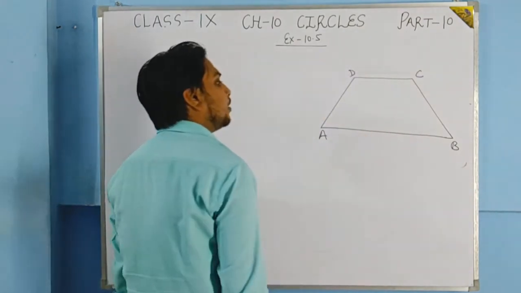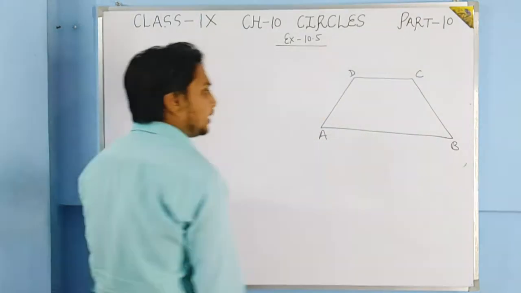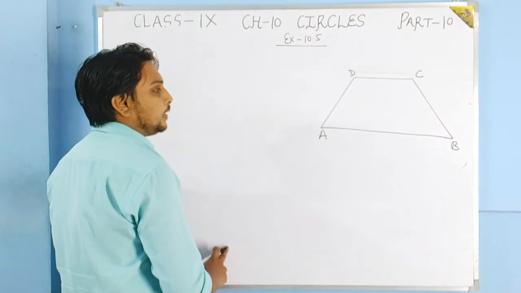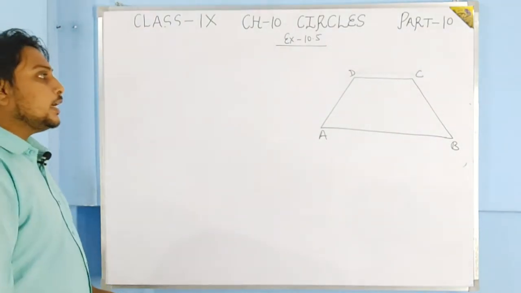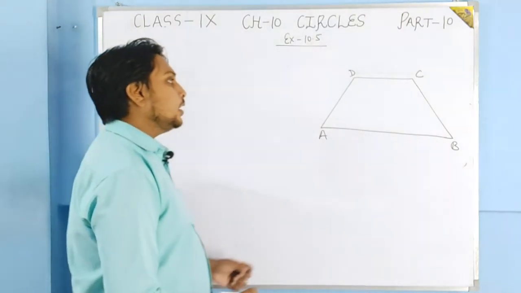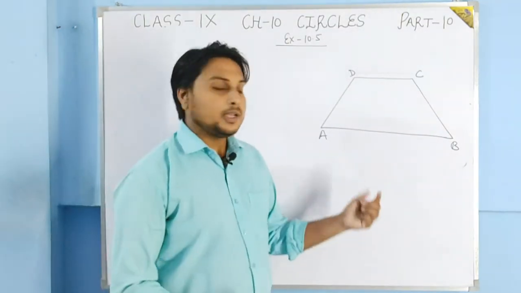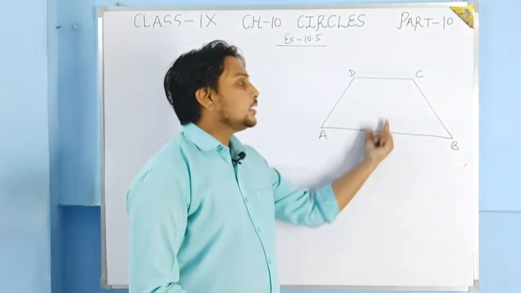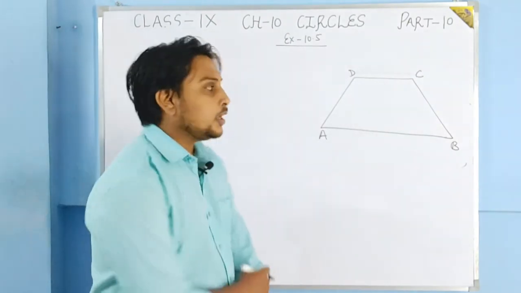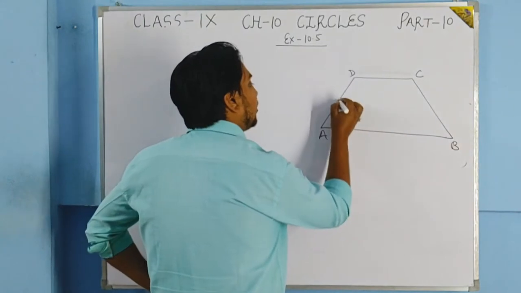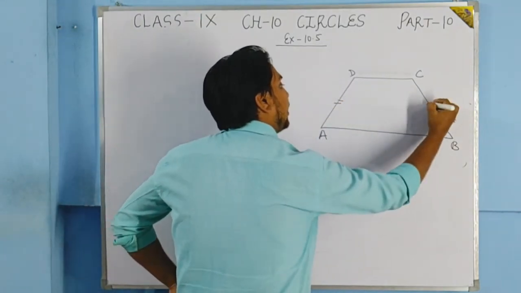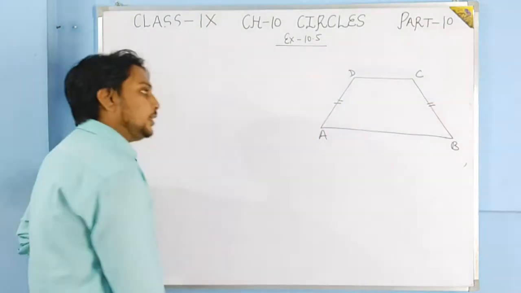Also it is said that the non-parallel sides are equal. In a trapezium we know that one pair of sides is parallel. So here in this trapezium, AB is parallel to CD, and its non-parallel sides are equal to each other, meaning the side AD is equal to the side BC.